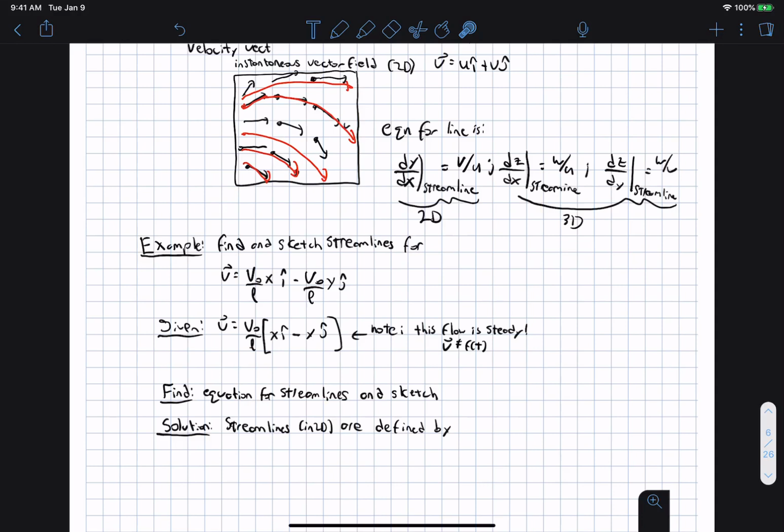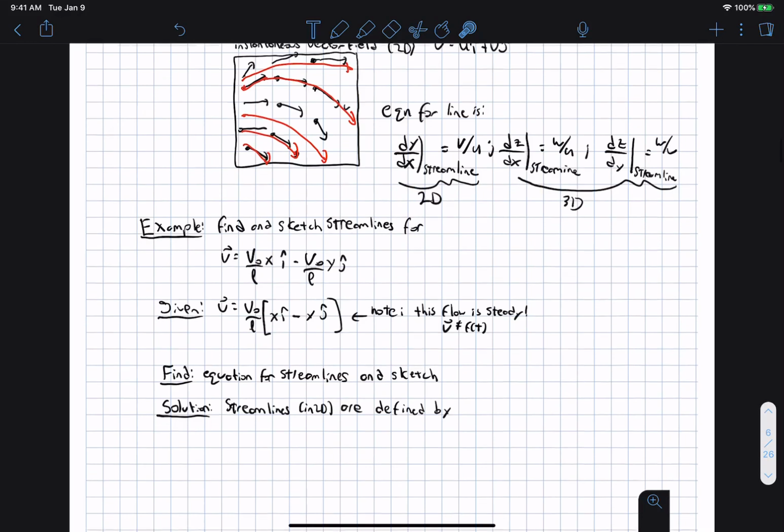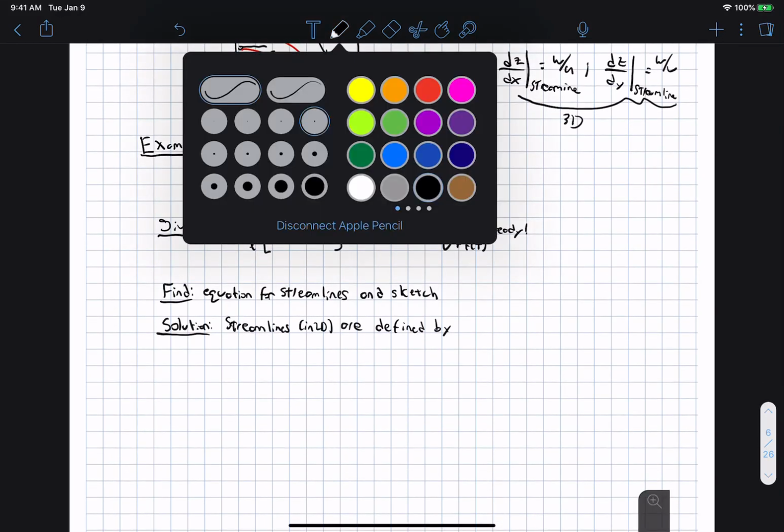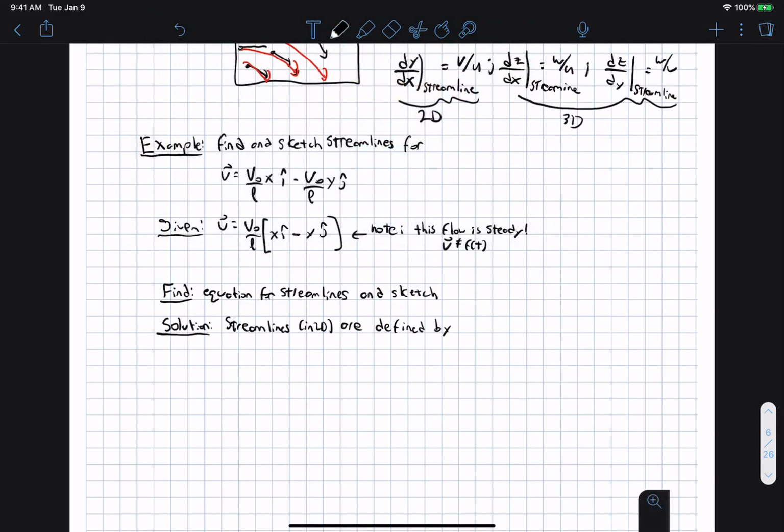Here we use the definition of streamlines in 2 dimensions, given by this equation here. We have dy/dx equals v over u. That's the equation that we want to solve. It's a differential equation.